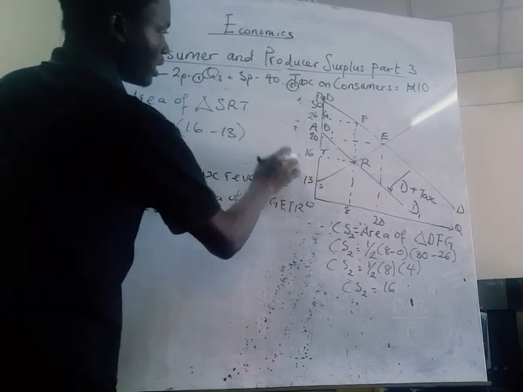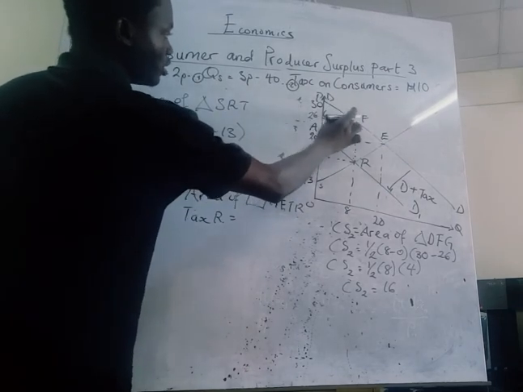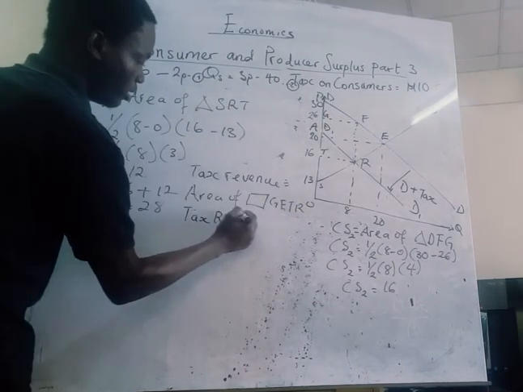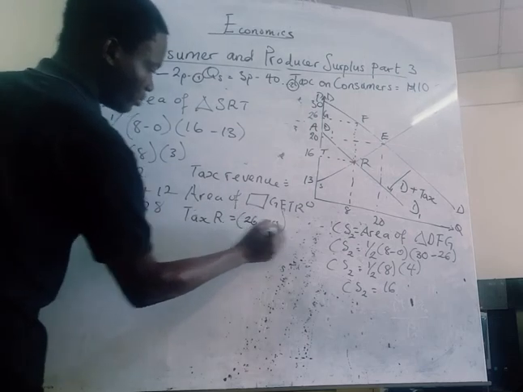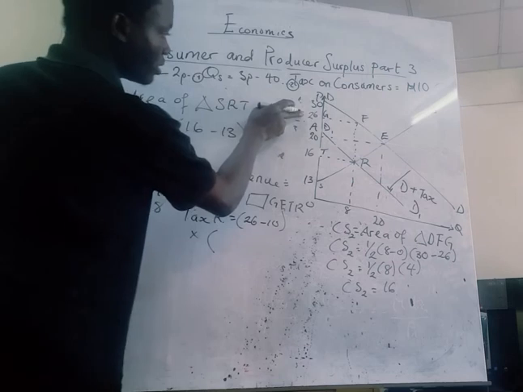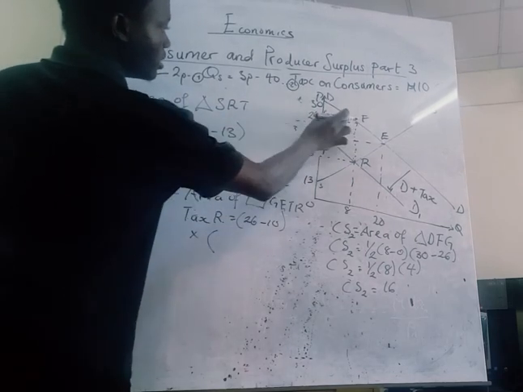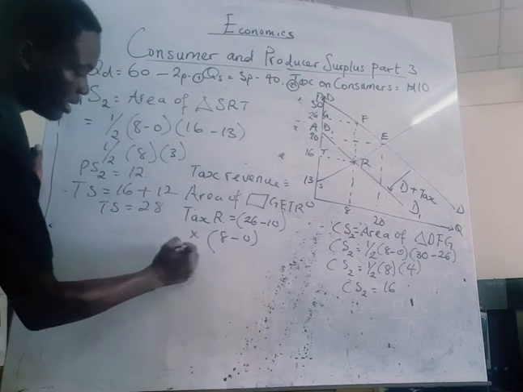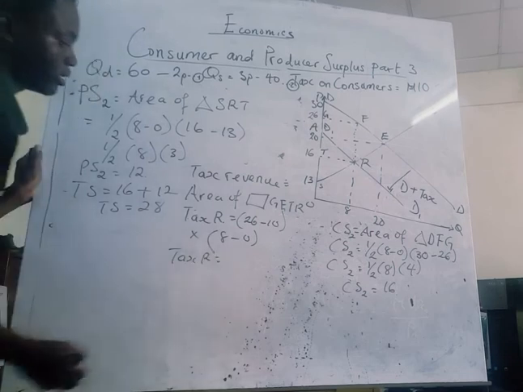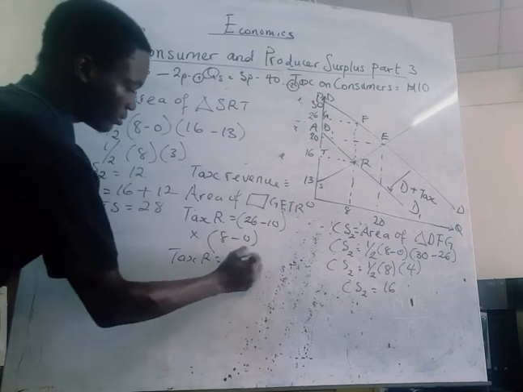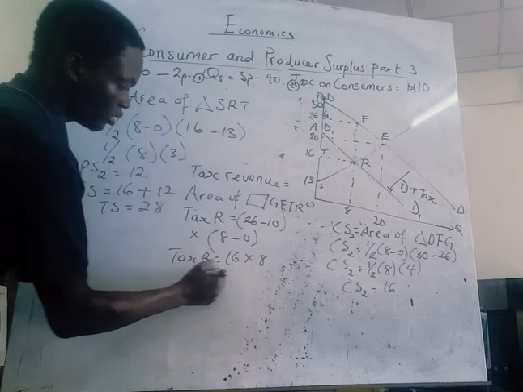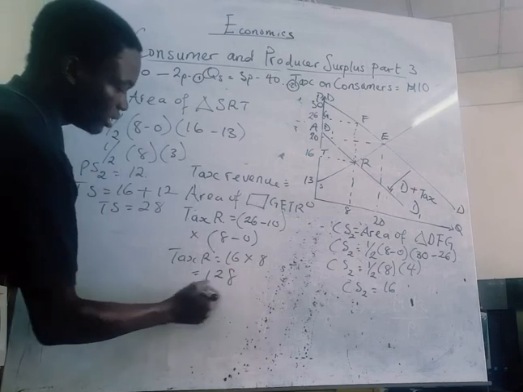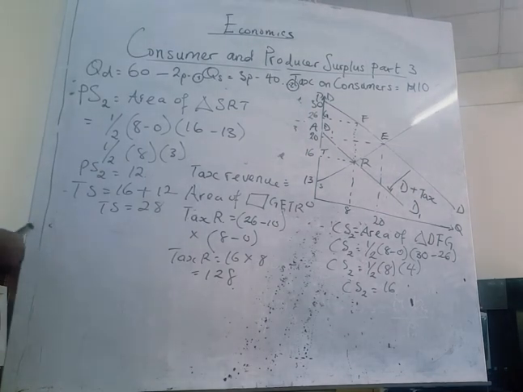So what is our length? Our length is simply G to F. This seems to be longer, so 26 minus 10. Then multiplied by, the difference there is also 8, 8 minus 0. So our tax revenue equals 16 multiplied by 8, which is 8 times 6 is 48, 8 times 1 is 8, then 128. Our tax revenue now is 128.